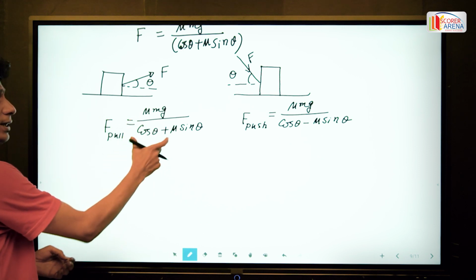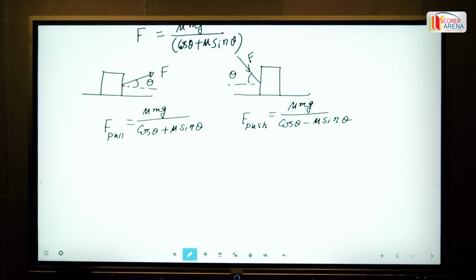In the case of pull it is plus, and in the case of pushing it is minus.